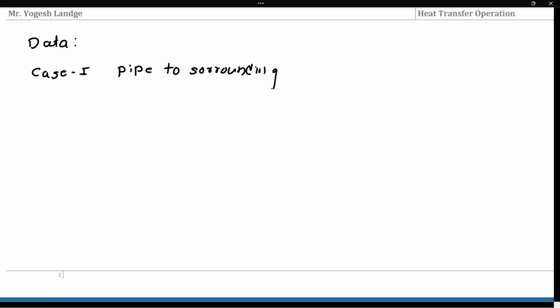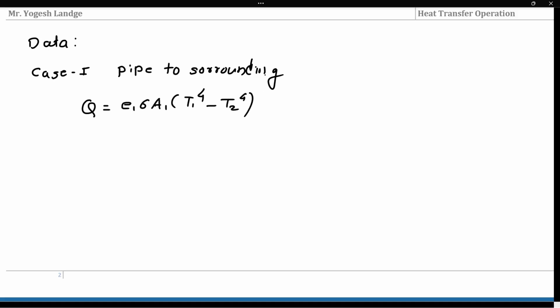So this is the first condition, and for that we have the formula Q is equal to E1, the emissivity of the pipe, into sigma into the area A1 into T1 raised to the power 4 minus T2 raised to the power 4.